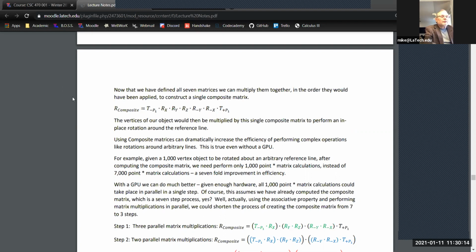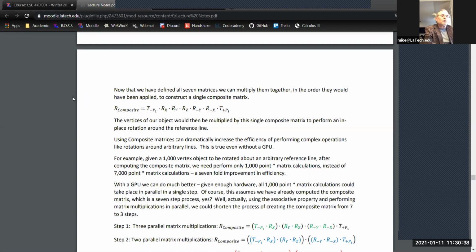So that's great. Now, if you've got graphics hardware, you can do far, far better. If we had enough graphics hardware, in fact, we could do all 1,000 of those point computations times the matrix in a single step, right? So you don't have to do 1,000. Well, you do have to do 1,000 point multiplications.